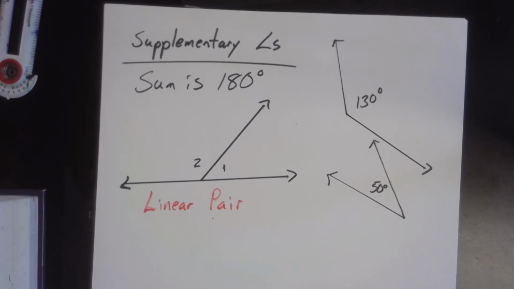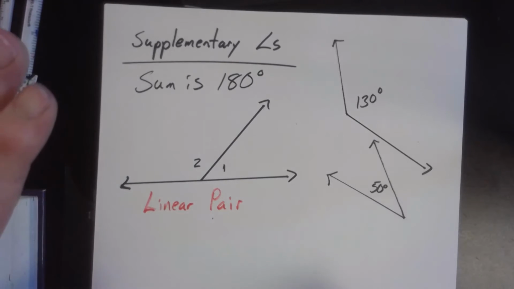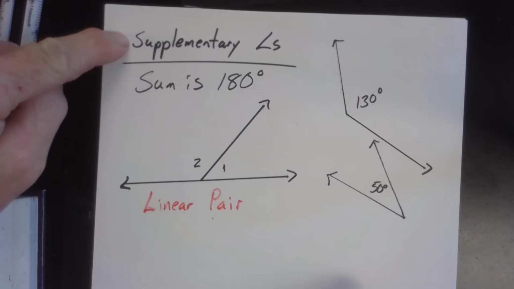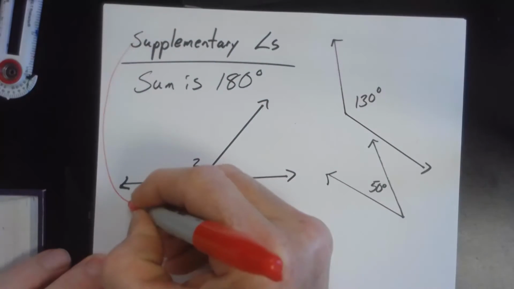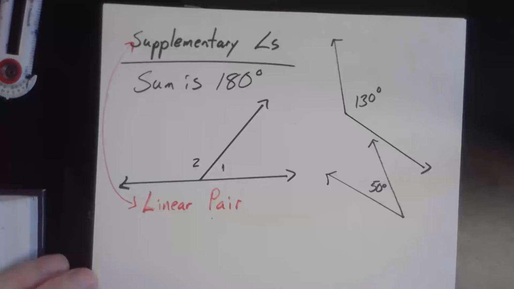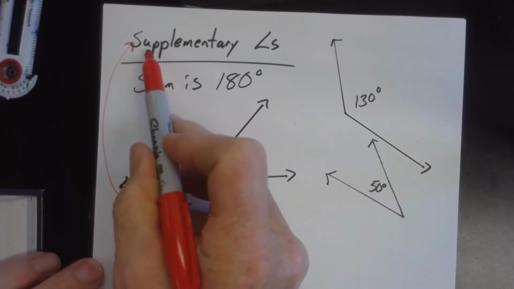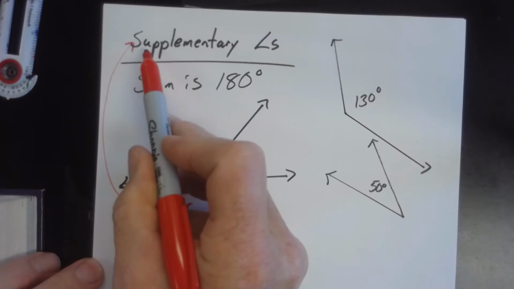Together, they make a line. They make a straight angle, don't they? All linear pairs are supplementary. These two things always go together. Every single linear pair, supplementary. Always.